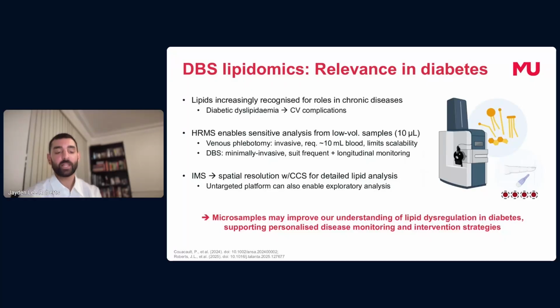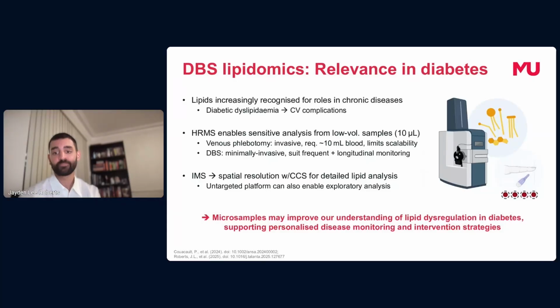For instance, with methods like trapped ion mobility spectrometry mass spectrometry, allowing for lipid collisional cross-section measurement as an additional dimension to complement accurate mass, isotope patterns, and MS/MS spectra to improve the annotation of lipids. In this way, using microsamples with HRMS can improve our understanding of lipid dysregulation in chronic diseases like diabetes in a more patient-centric manner.